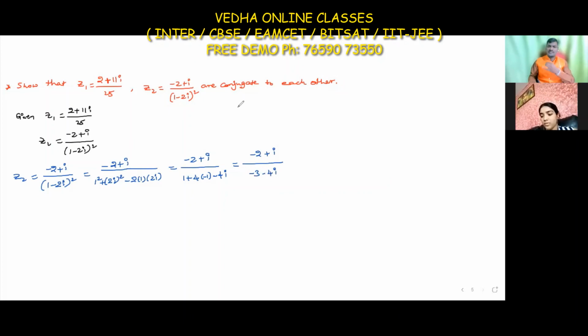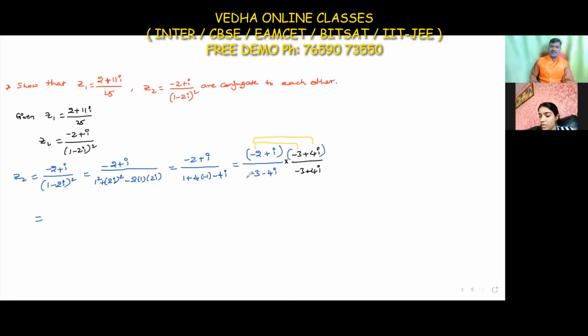When we get terms like this, we rationalize: minus 3 minus 4i, multiplying and dividing by the conjugate, minus 3 plus 4i.